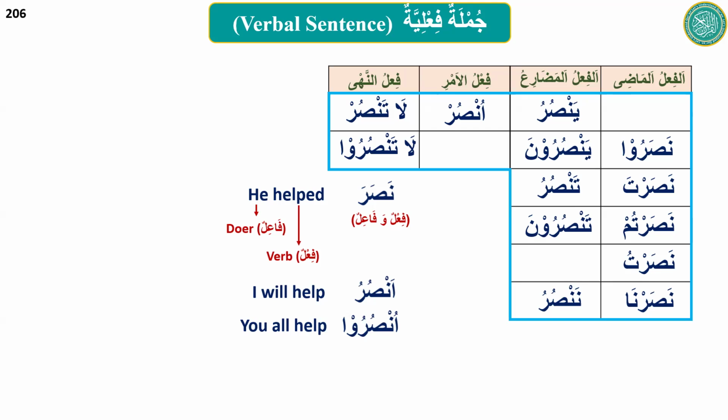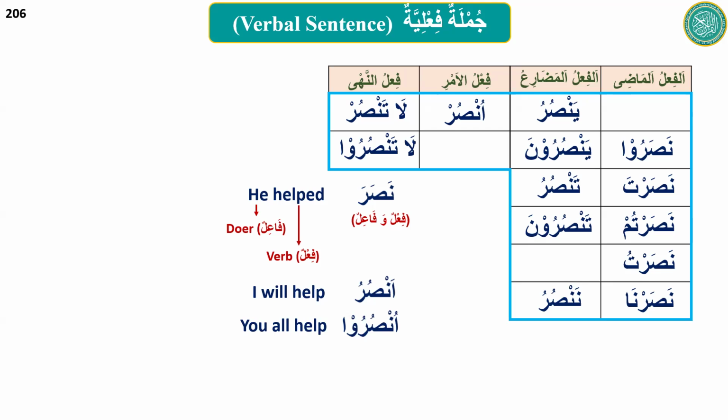What is the fa'il? The fa'il is you all. So it is a fi'l which has a fa'il in it, and therefore it is a sentence. It is called jumla fi'liya because it has only one word in it, and it is a fi'l. So it is starting with a fi'l. So that is why it is called jumla fi'liya.